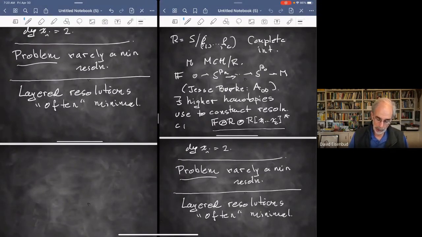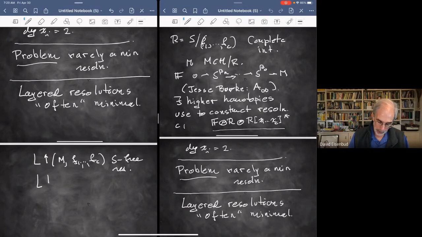So there are going to be two layered resolutions. And of course, it's a nuisance to have so much notation, but I will call this one M, F1 up to FC. This is going to be an S-free resolution with some extra structure, and the lower layered resolution, so that was the upper layered resolution, the lower layered resolution, M, F1 up to FC, will be an R-free resolution.